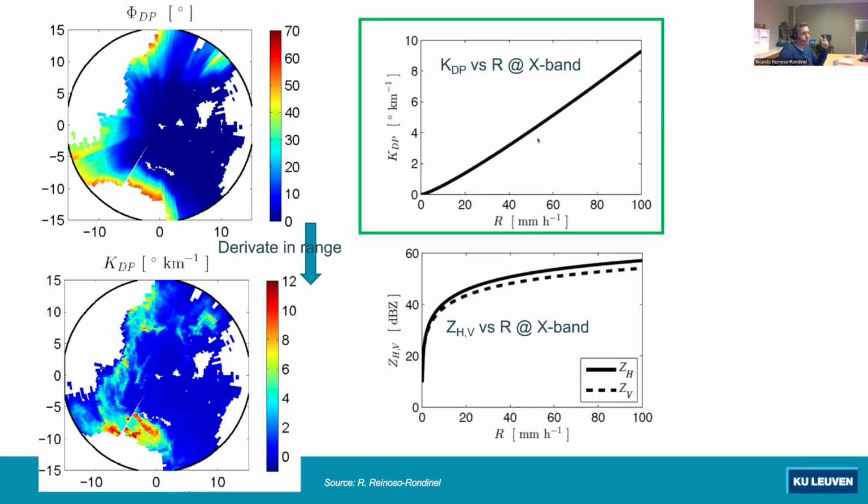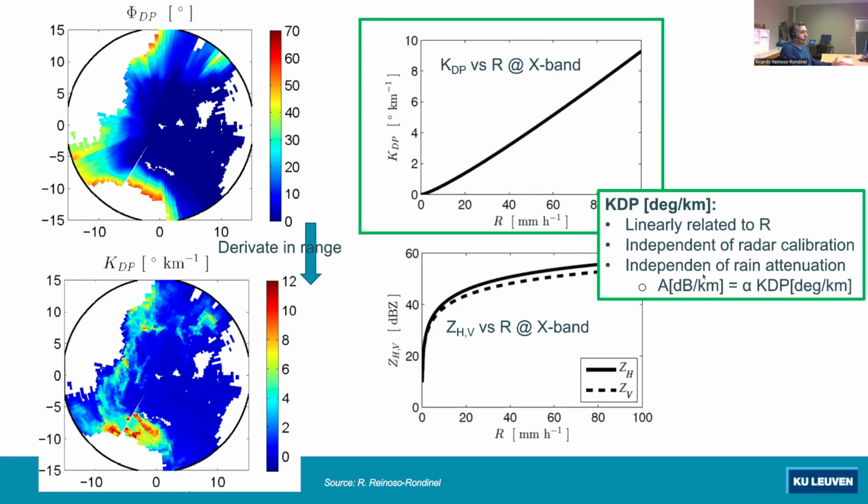That's a big advantage for us in order to estimate rain rate from KDP. Normally, we used to use the reflectivity on the y-axis here in the bottom plot, but you see that the relation is not as linear as it is for the KDP. So that's the first advantage.